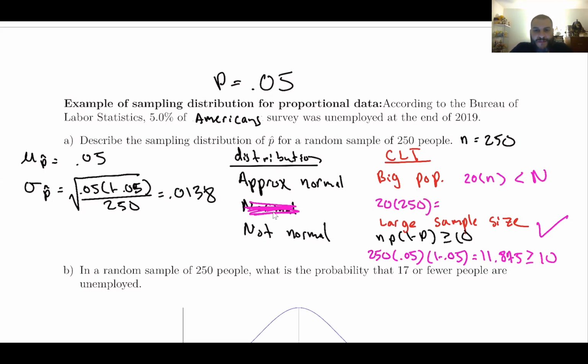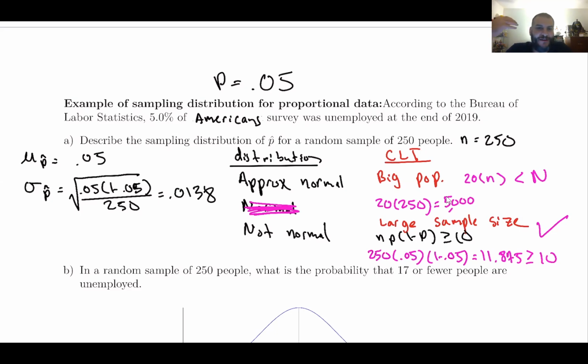What's 20 multiplied by 250? You get 5,000, good.